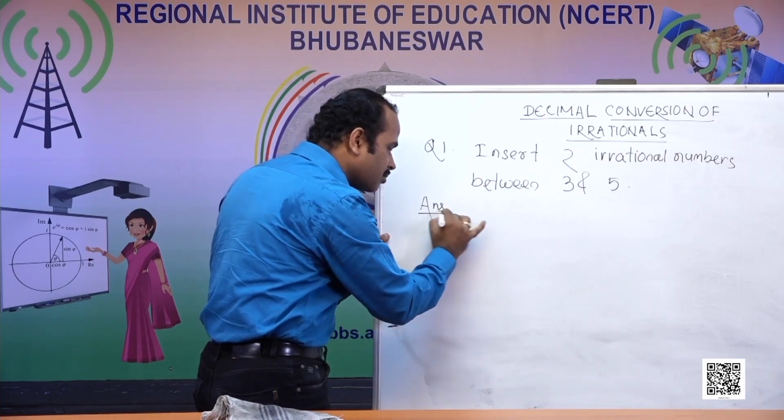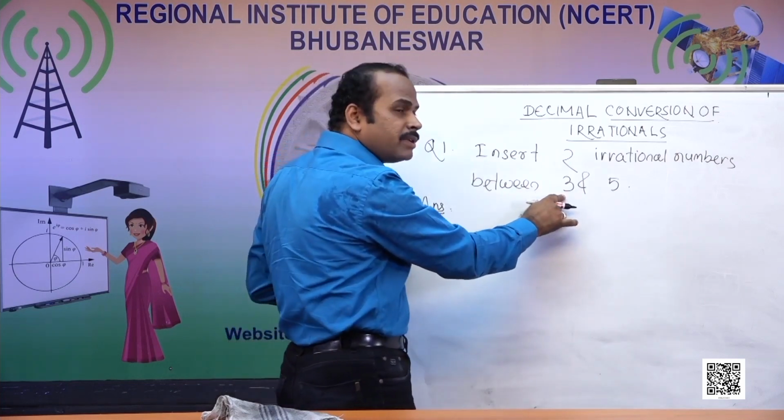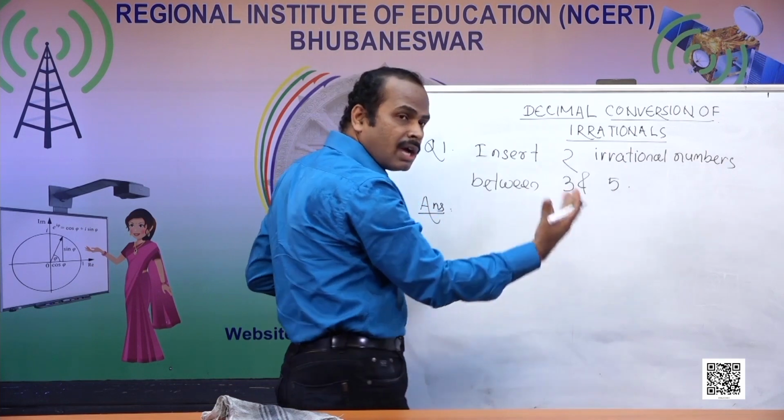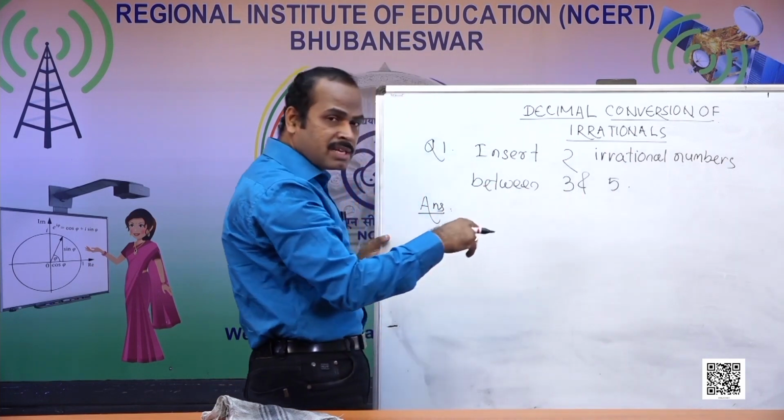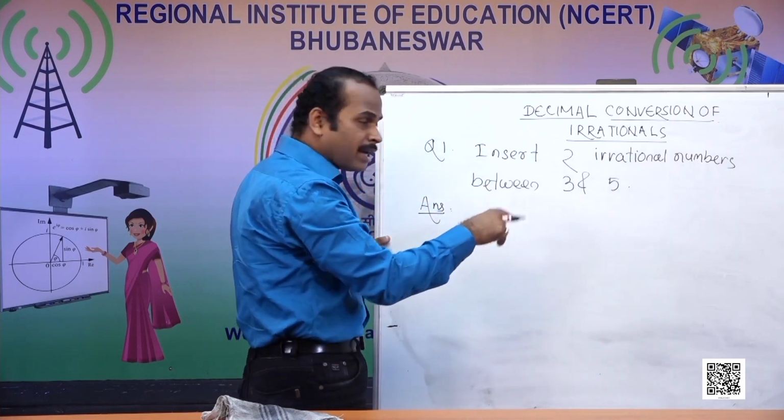How will we find it? Now we have to find the value of an irrational number which will be more than 3. As we have already learned, we can express an irrational number in decimal form.